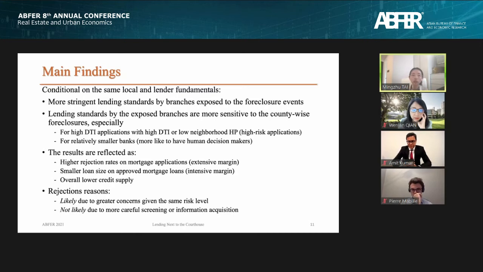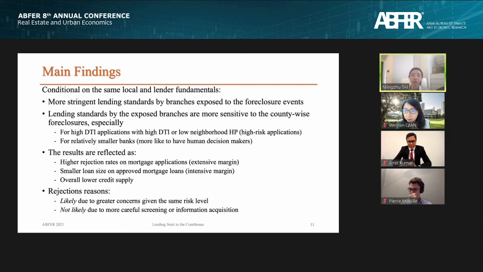So intuitively, if a county's housing market is very healthy, such that there are not many foreclosure events going on, then no matter how close I am to the county courthouse, my awareness about the county's housing market is not going to be much different from, say, my peers who live a little bit further away.